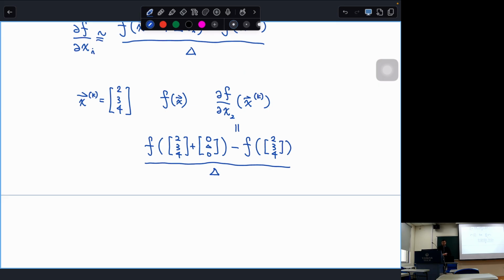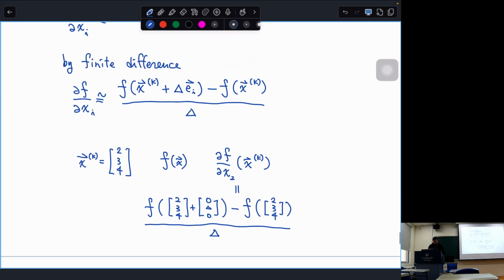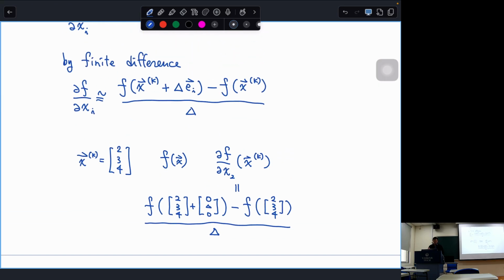In the future, when I introduce a different method, then I can show you MATLAB is actually also using finite difference.